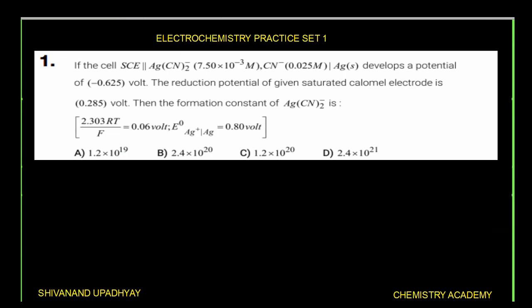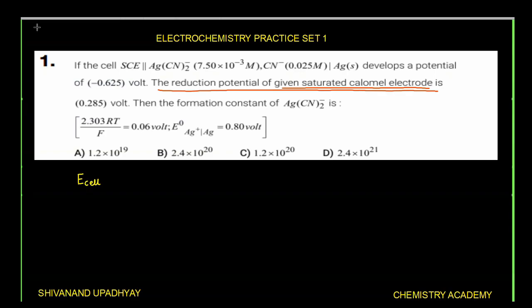So first thing is we should know that in this question, when we write the EMF of the cell, it can be written in many forms. But in this question, since they have mentioned the reduction potential of the saturated calomel electrode, they have given the value of the complete reduction potential.